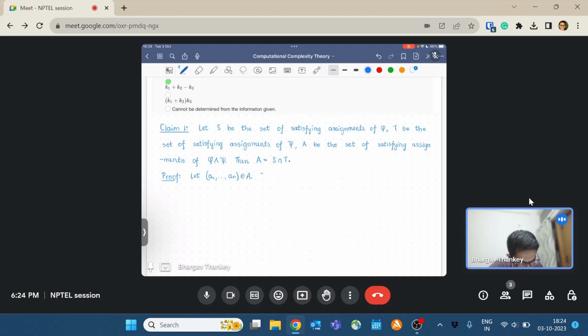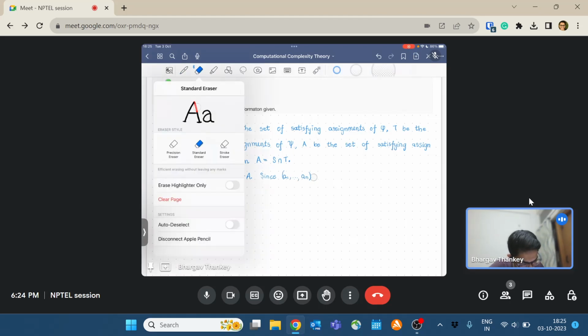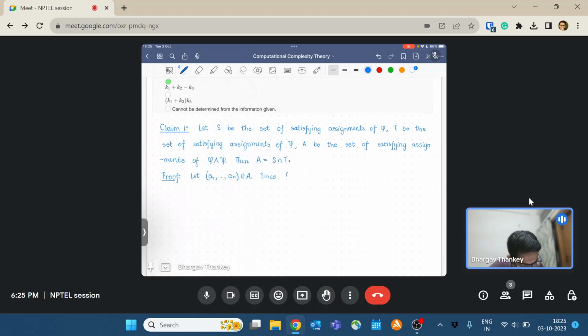Okay, rather let me write it like this. Since A1 to AN is in A, phi of A1 to AN is true, and psi of A1 to AN is also true, right?